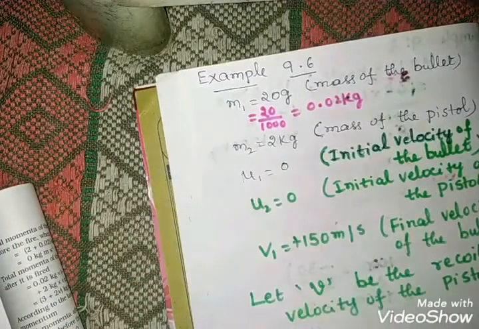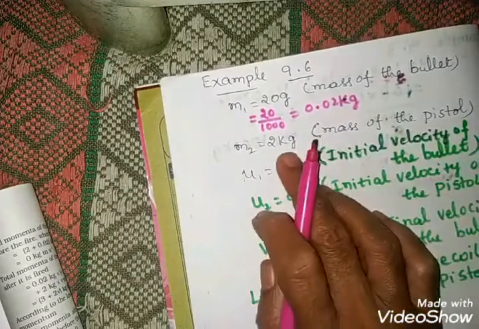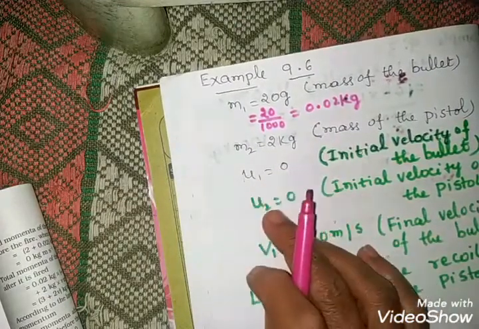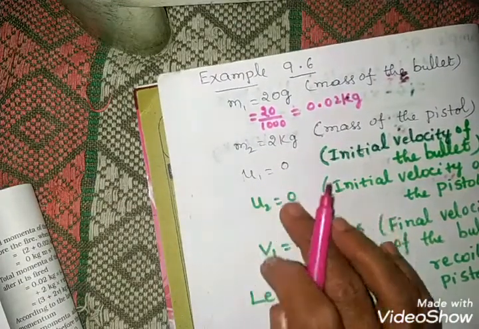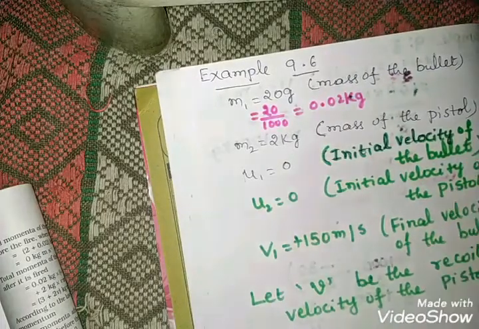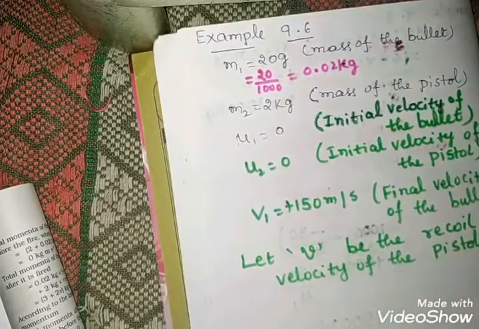And M2 is the mass of the pistol, that is 2 kg. U1 and U2 are the initial velocities of the bullet and pistol respectively. Both are 0. Initially they were not moving, isn't it?